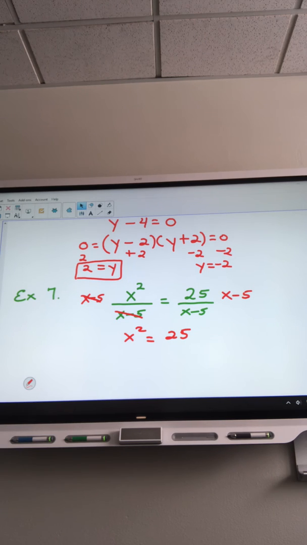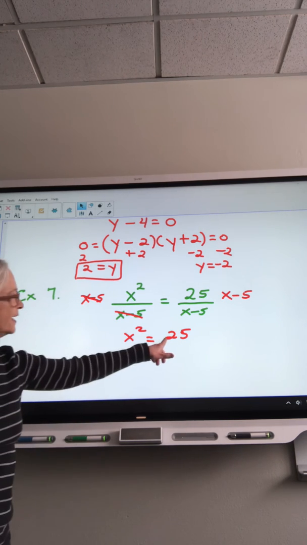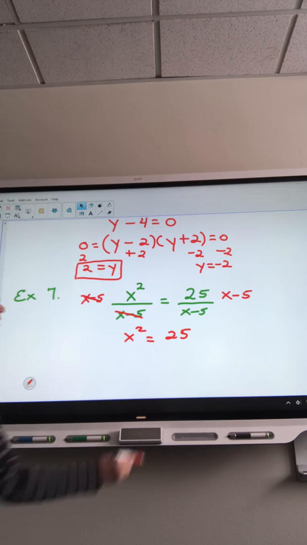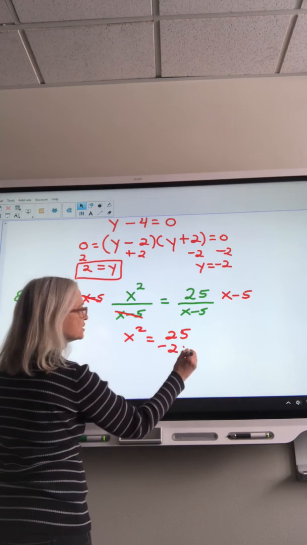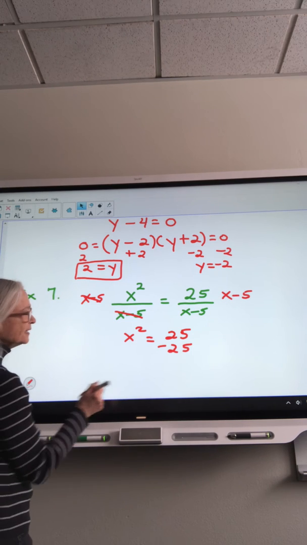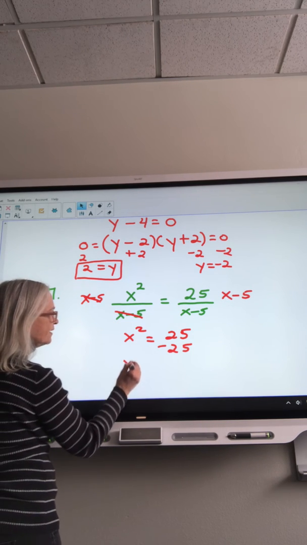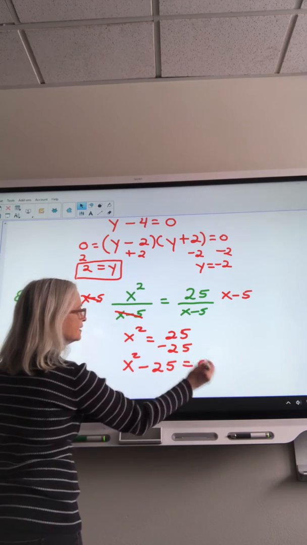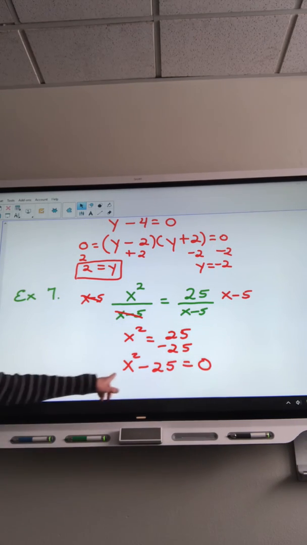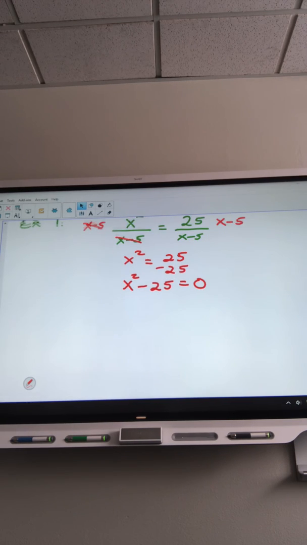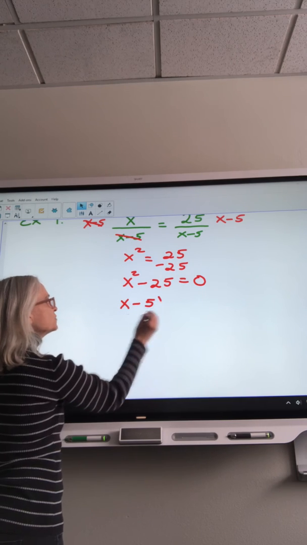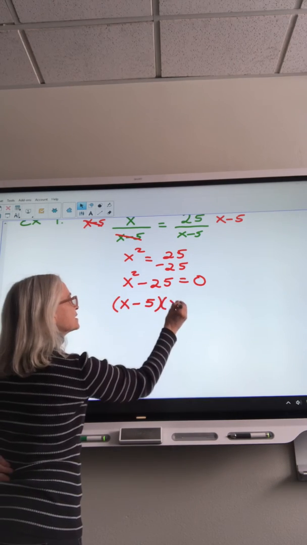And again, if you look ahead, you can kind of remember that 25 is a perfect square, x squared is a perfect square. So if I were just to subtract 25, so that I have x squared minus 25 is equal to 0, this of course is going to be a difference of squares. And so I will solve the difference of squares with x minus 5, x plus 5.